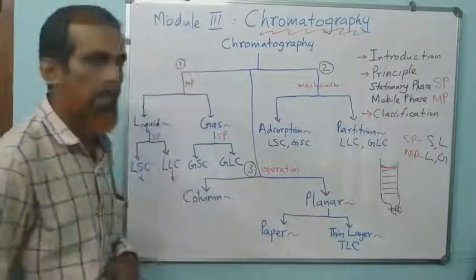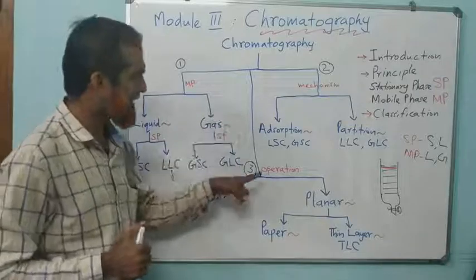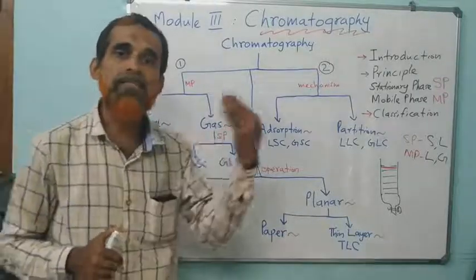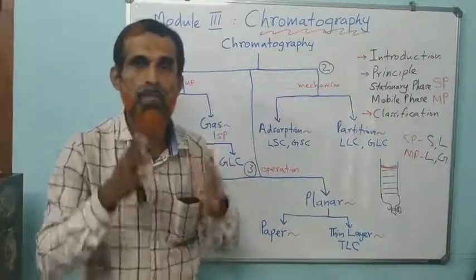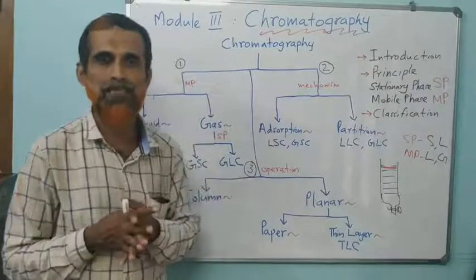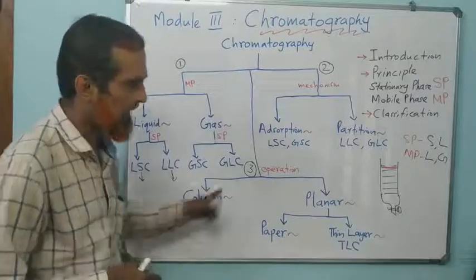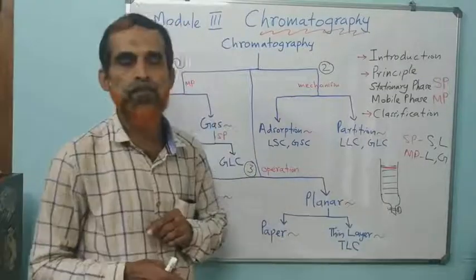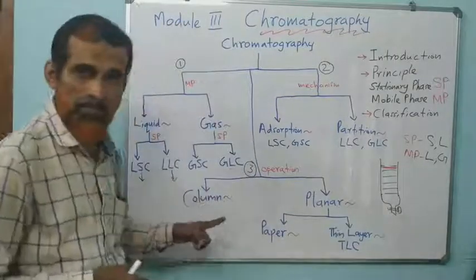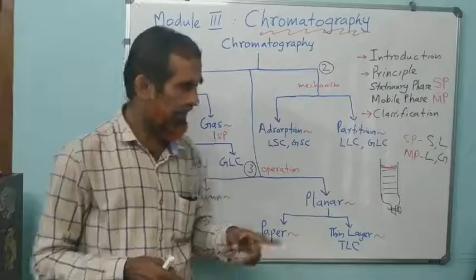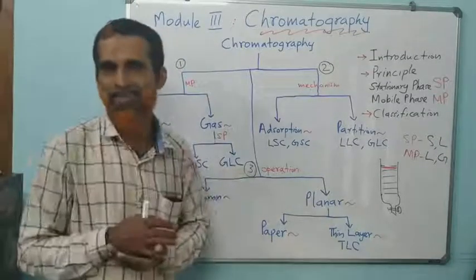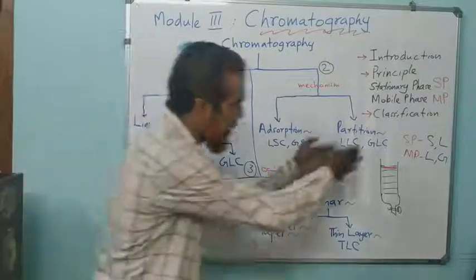Fine. Now the last type of classification is based on the operational technique. That means how we carry out the process, the method. One is column chromatography. That is what I explained at the beginning. In column chromatography, how we take the stationary phase? It is in the form of a column.